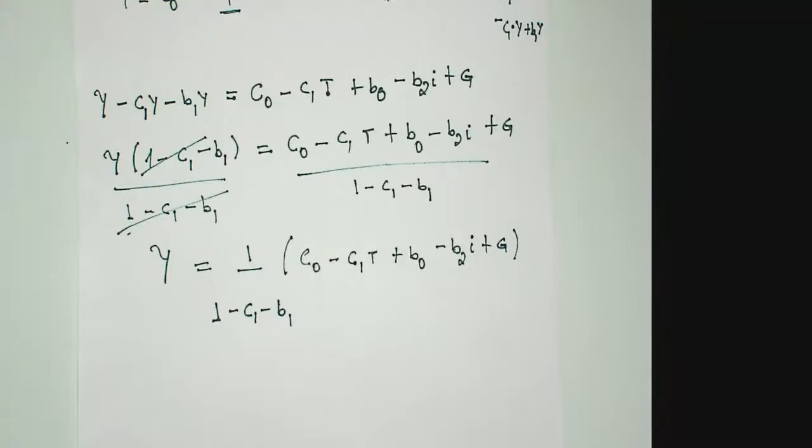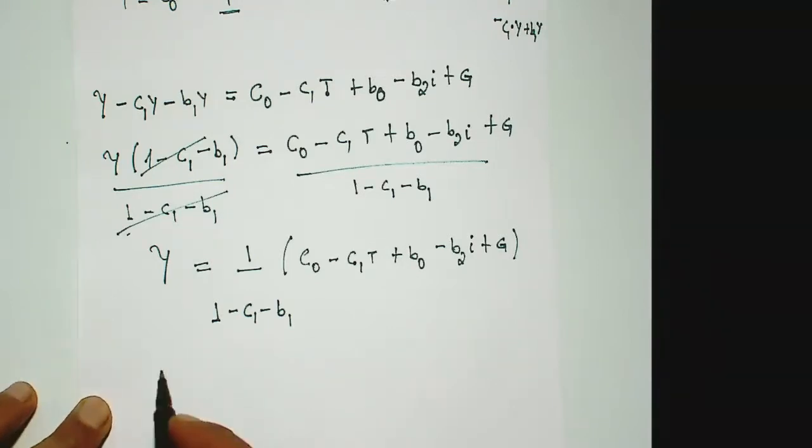Now we have said that we would need to take the concept of total differential to identify by how much the IS curve would shift if the government spending is increased by 10 units.